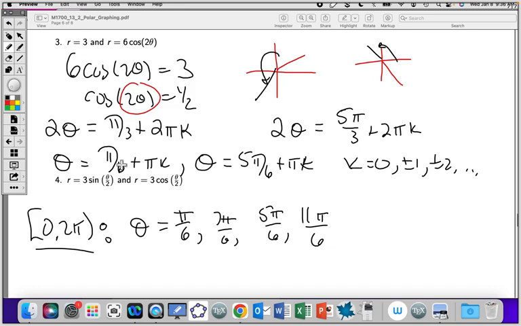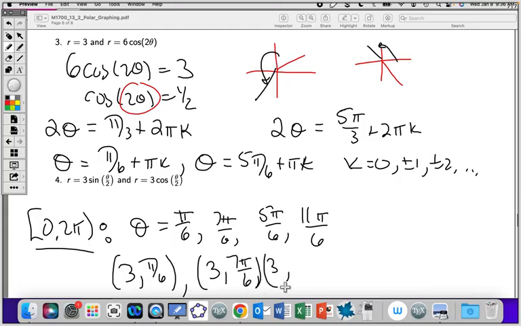The r value should always be 3. So I'm getting 4 intersection points: 3 comma pi over 6, 3 comma 7 pi over 6, 3 comma 5 pi over 6, and 3 comma 11 pi over 6. So I'm getting 4 points of intersection at each of the pi over 6's. All right. So that's what I would expect to see: 4 intersection points, radius 3, at all the pi over 6's.